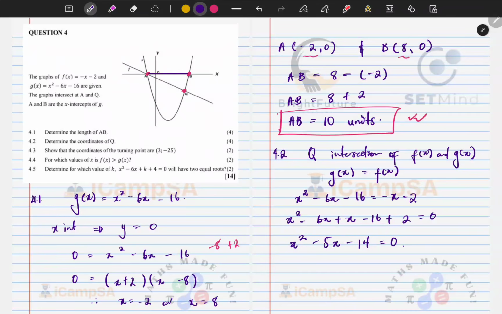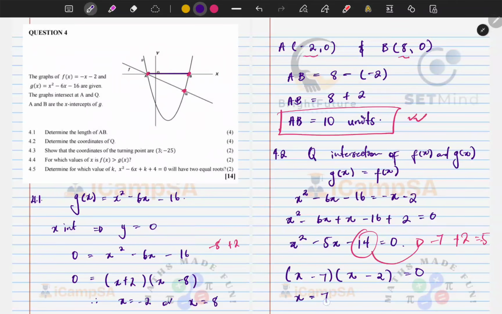Now I need the factors of 14 that will give me a negative 5. That's going to be 7 and 2. Which one has to be positive and which one has to be negative? This one will be negative and this one positive, since minus 7 plus 2 is minus 5. Therefore you have x minus 7, x plus 2 equals 0.